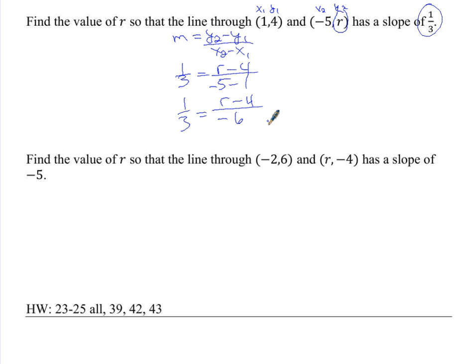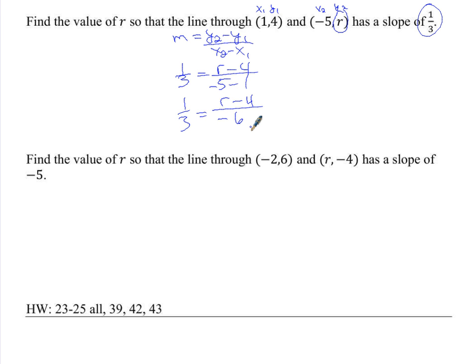Go ahead. Yeah, there's two ways you can do this. With that r up top, you can just get rid of the denominator here by multiplying both sides by -6. And then r minus 4 will be by itself on the right-hand side. The other way is to think, okay, this is a fraction, I've got an equal sign here. What I have here is actually a proportion.